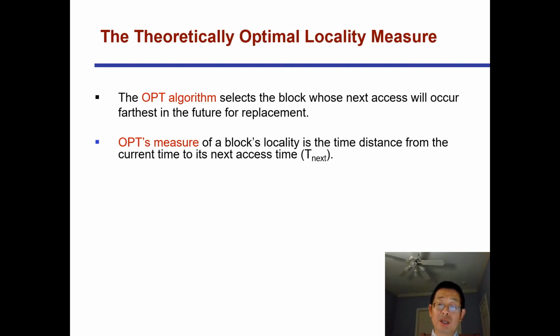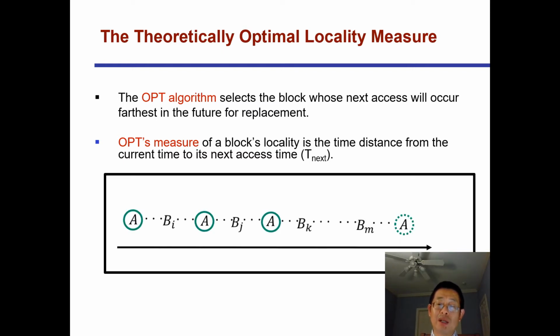Let's first take a look at the theoretically optimal locality measure, which is used by the OPT algorithm. OPT selects a block whose next access will occur furthest in the future for replacement. In this example block access sequence, block A has been accessed a number of times. Assume this is the current time, and block A has its last access, the second to last access, and the next access.